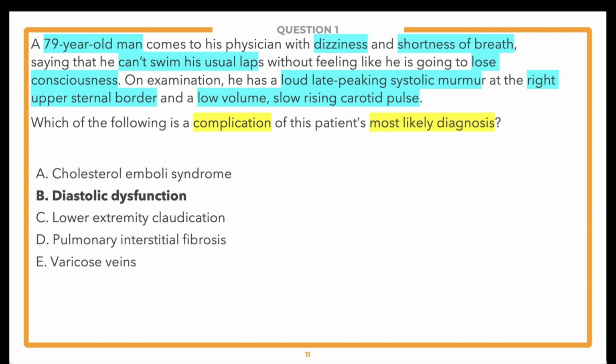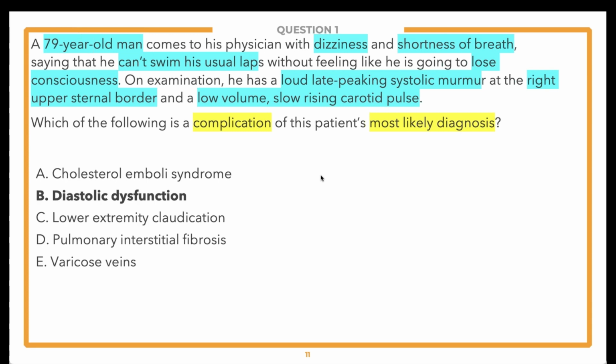Aortic stenosis is always known to cause a late peaking systolic murmur at the right upper sternal border. Whenever you see that, that's kind of a buzzword for aortic stenosis. You'll also see what we call pulsus parvus et tardus, which is a slow rising carotid pulse, and you see both of those in this patient.